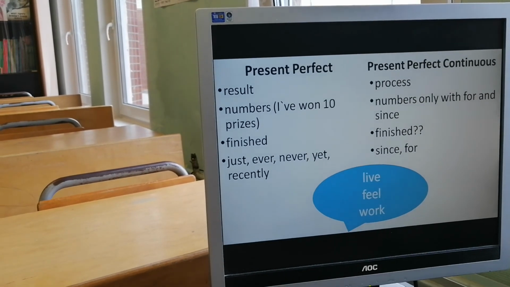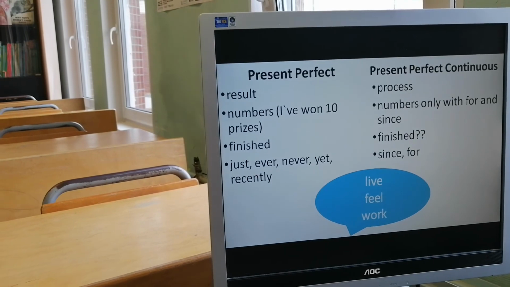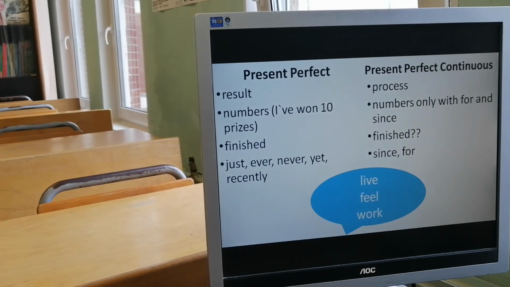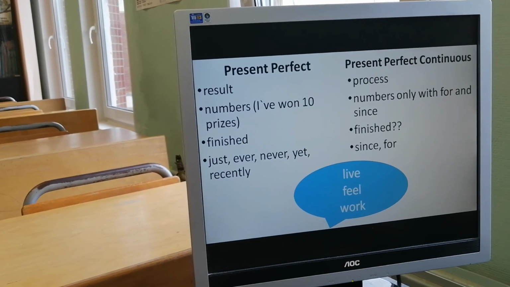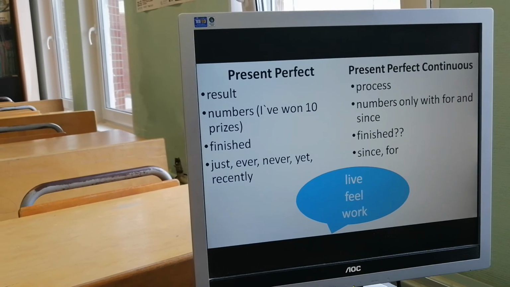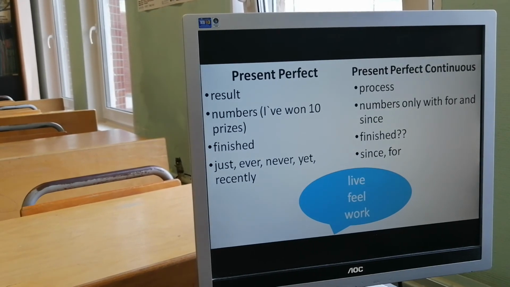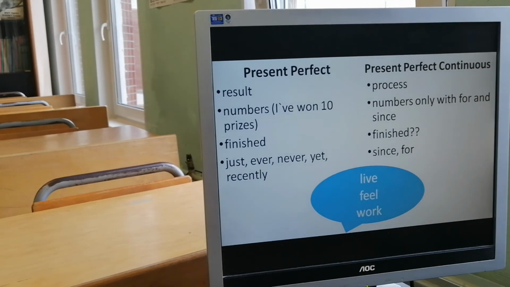But you should remember that there are 3 verbs which mean absolutely the same thing, regardless of whether you use present simple or present continuous. Of course, present perfect simple or present perfect continuous.